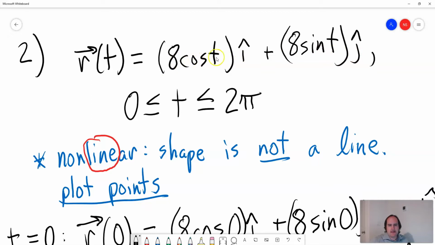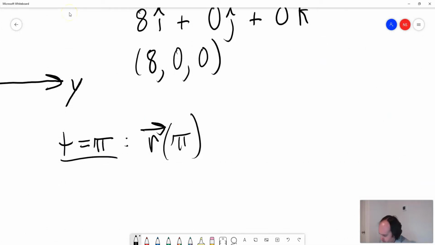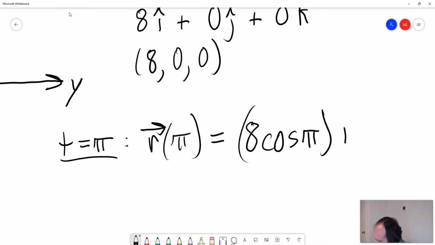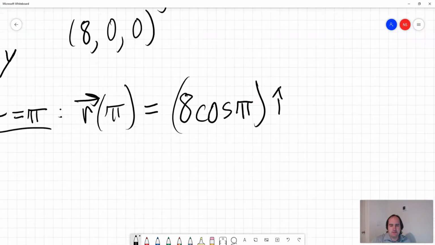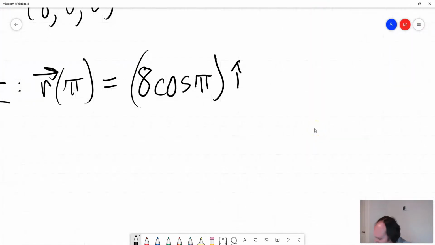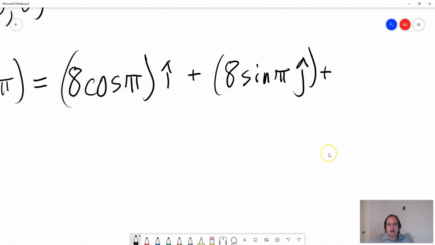So now we're going to have 8 times cosine of pi i plus 8 times sine of pi j, plus, once again, our k component, because they're not writing anything, is 0.